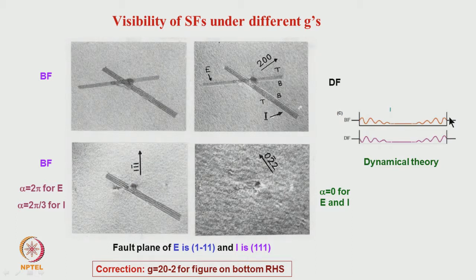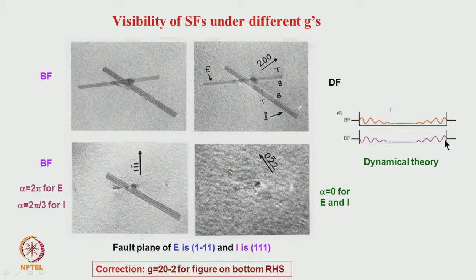It requires the whole dynamical theory, which has to be taught in a separate semester. Now you see that the variation in the intensity, both at the top and the bottom, is the same. For the dark field, you see that there is an inversion of contrast which is taking place. So this dynamical theory is able to predict this correctly, okay.